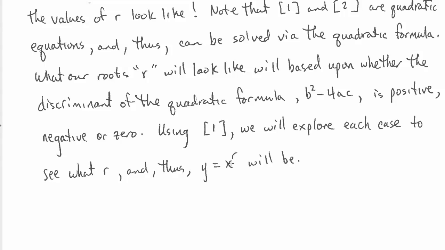So now that we know that x raised to the r is a suitable solution here, what we're going to do is look at what happens for all the different cases.